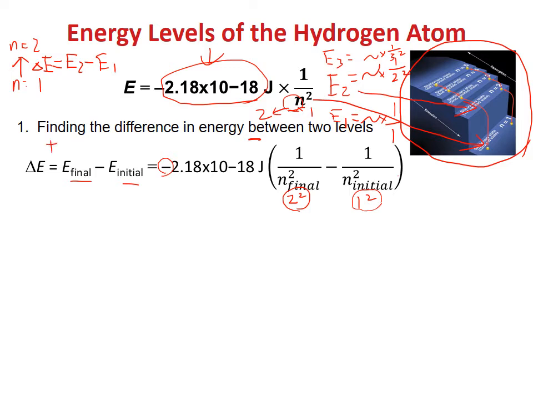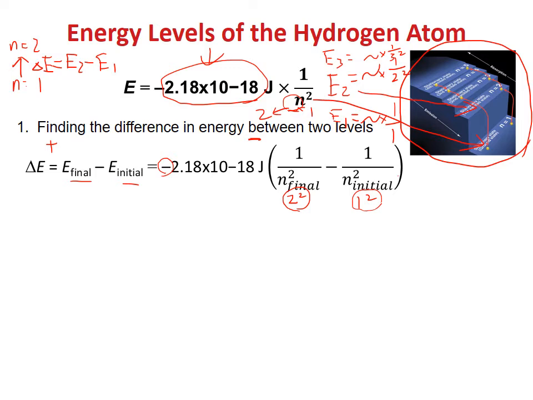So when energy goes up from state 1 to state 2, delta E is positive, which means that hydrogen has to absorb energy, and this energy comes from light, so it absorbs a photon to go up in energy, from n equals 1 to n equals 2, or 2 to 3.